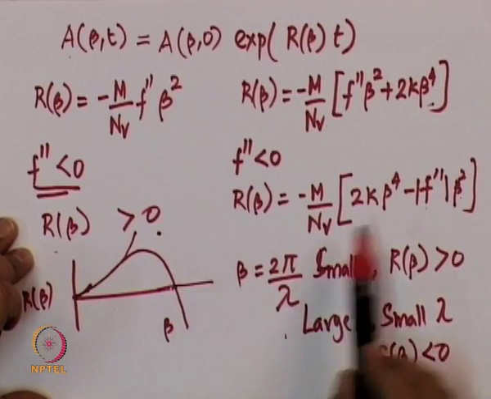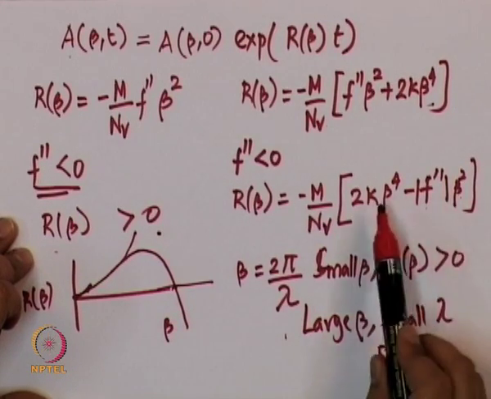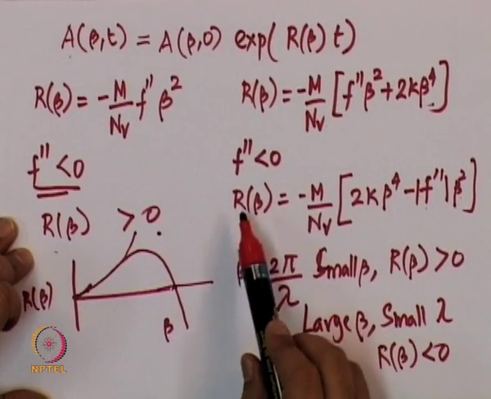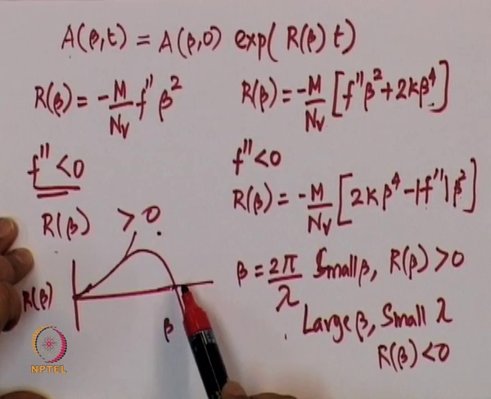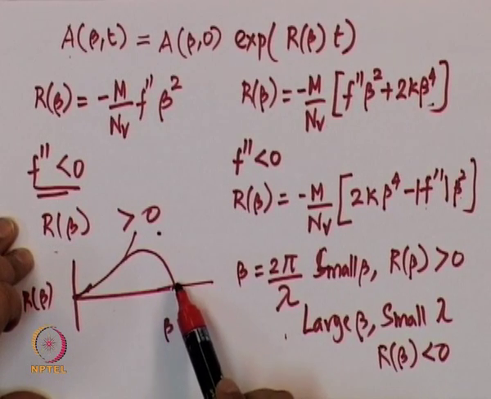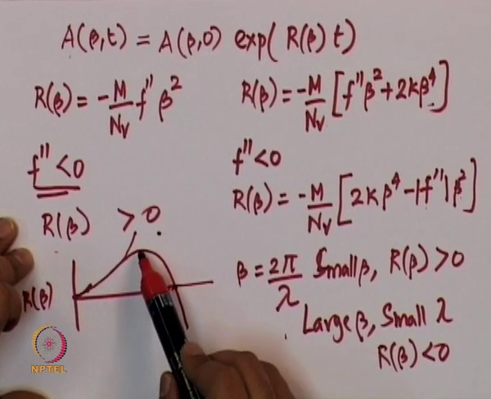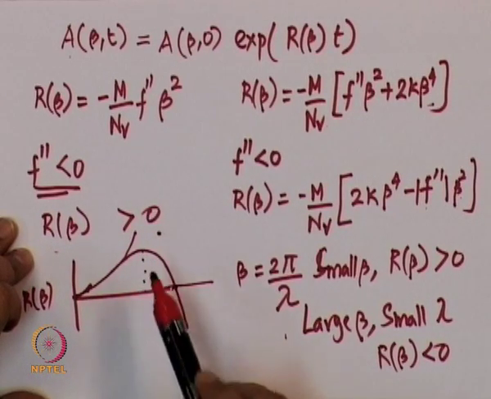Where it becomes 0 will be decided by where this quantity becomes equal to 0. At that point the growth rate becomes 0, so it will neither decay nor grow. That is the critical wavelength, and this plot also shows that there is a maximally growing wavelength.